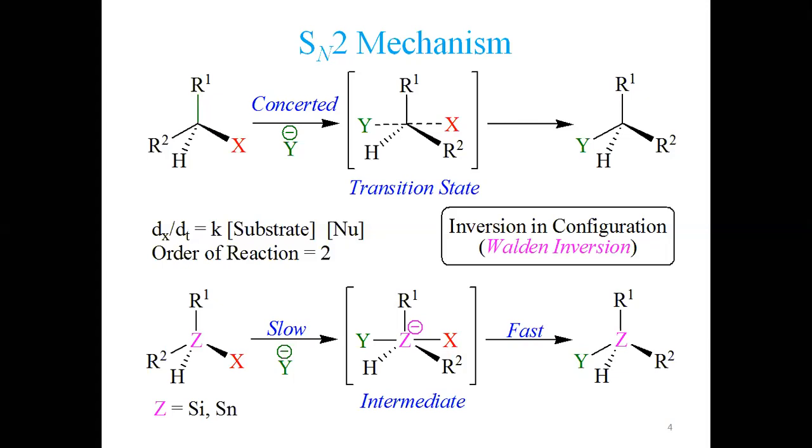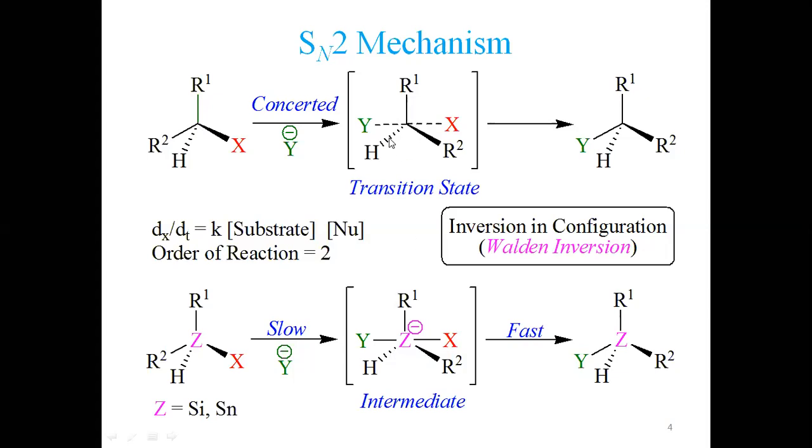We have highlighted this transition state here. But you have seen the difference if, rather than carbon, we have silicon or tin here, which belong to the same carbon family. Then the chemistry is entirely different. If it is tin or silicon, it reacts with the nucleophile first and generates a pentavalent system.